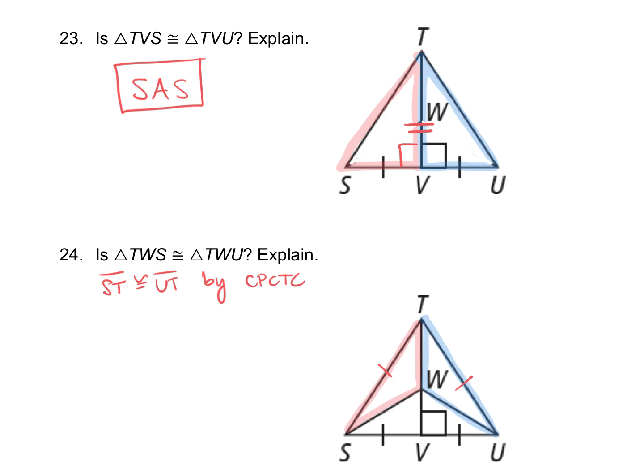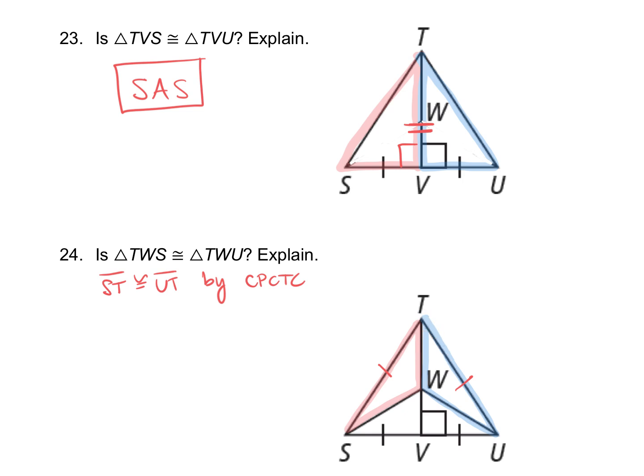All right, another part that is the same between the two is this angle right here. Do you guys see this angle at T is the same as this angle at T, and this angle at T is the same as this angle at T?